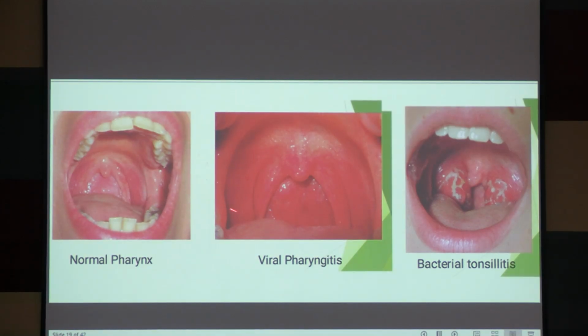Here, this is viral pharyngitis, where you can see the pharynx is congested, there is erythema, okay, and in bacterial, tonsillar exudates are there, okay. So, we have to differentiate before giving antibiotic whether it is viral or bacterial in origin.